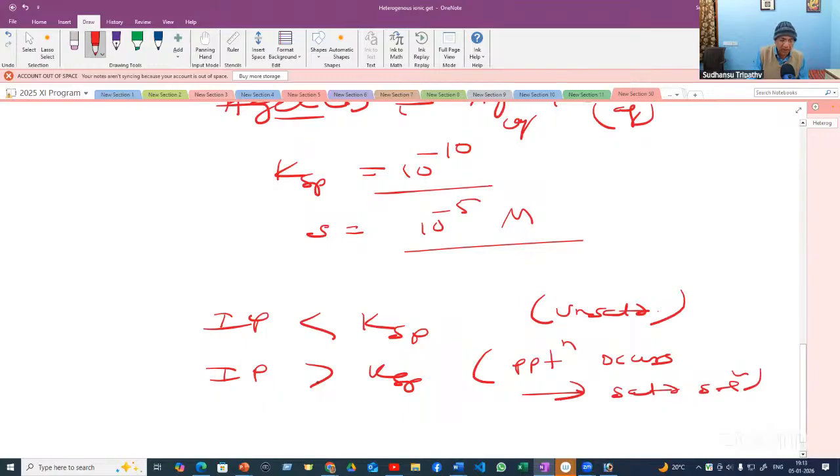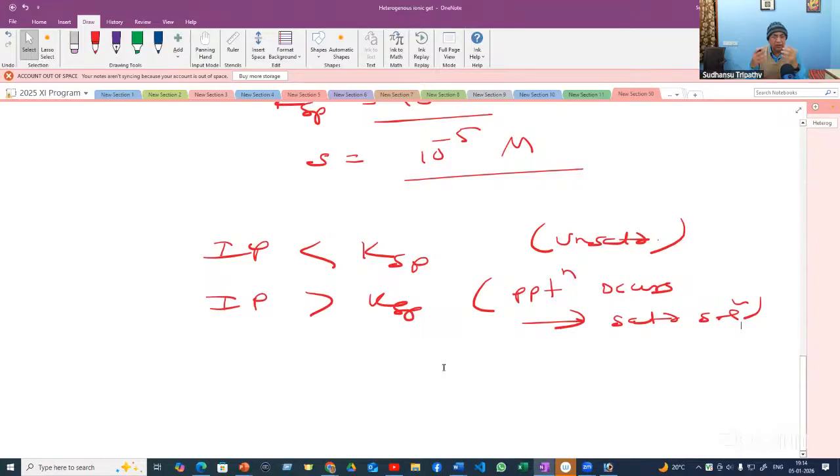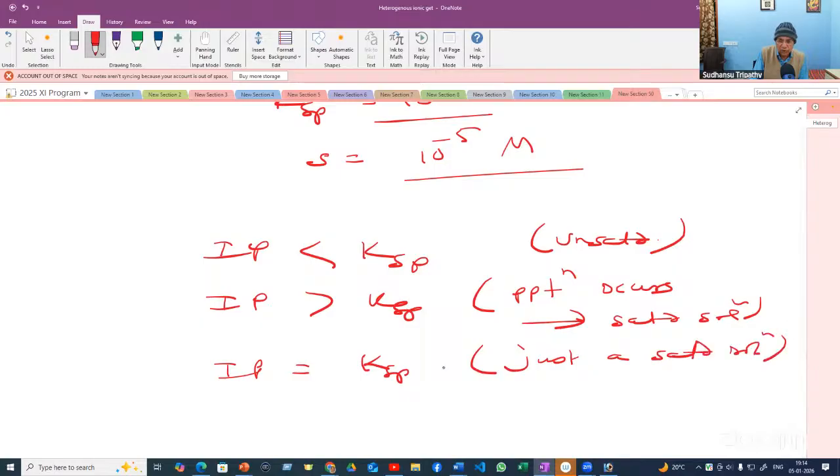The extra ions will join together to form a precipitate, but the Ksp amount of the product will remain. But if the two are the same, then it's just a saturated solution. No precipitation. This you know.